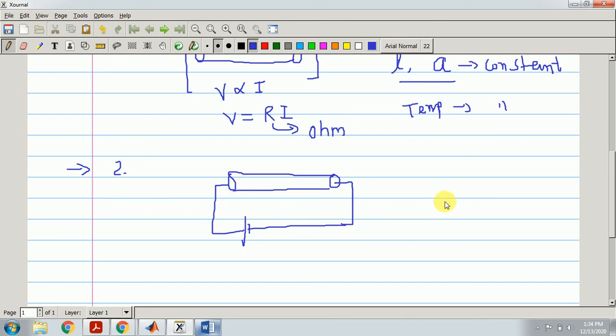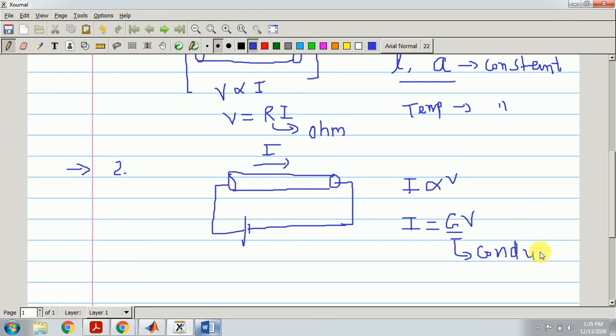When a voltage source is connected between the two ends of a conductor, the current which passes through this conductor is proportional to the voltage applied to it. Now if you remove this proportionality constant, this will give you G into V. This G is known as conductance.